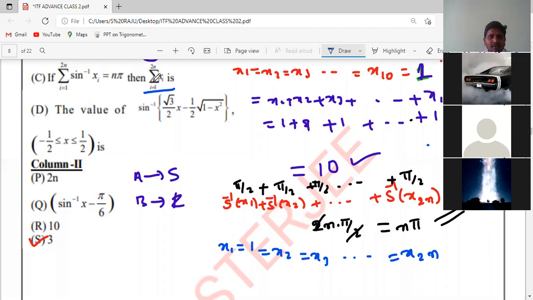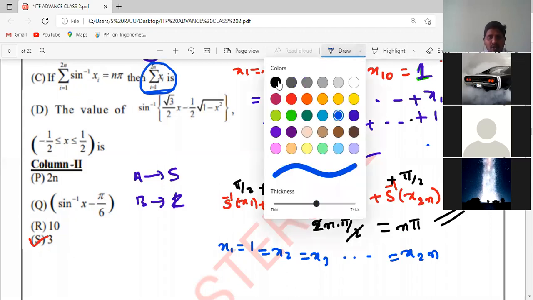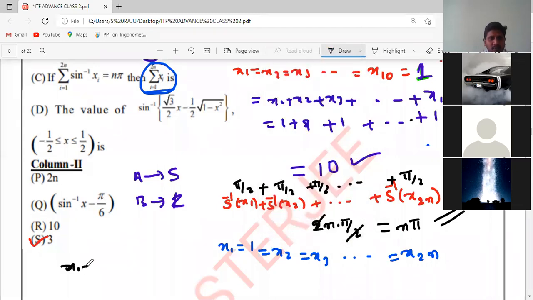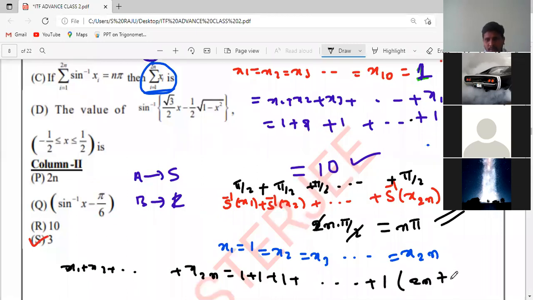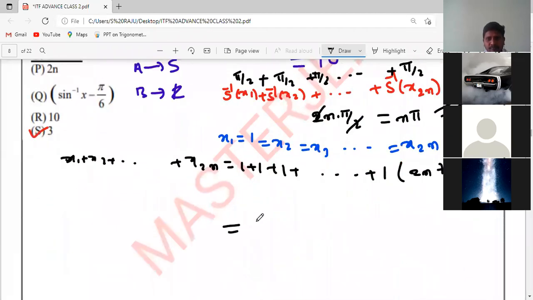If I expand this summation, we get x1 plus x2 plus so on up to x2n. What is the value? 1 plus 1 plus 1, how many times? 2n times. So the answer is 2n.